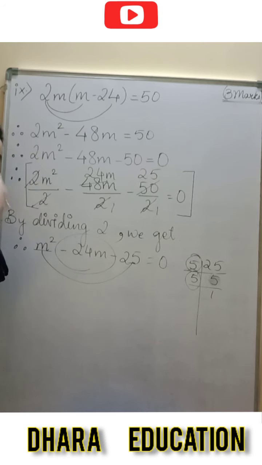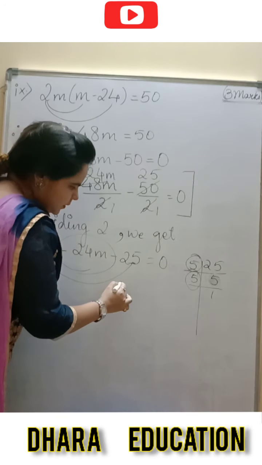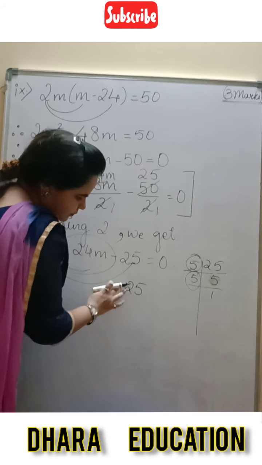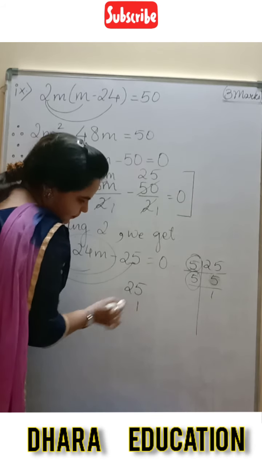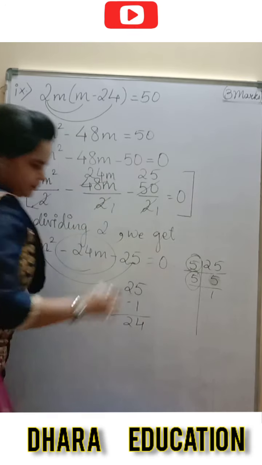Correct? So to fulfill that, what we need to do is this. We just need to take 25 and 1 to fulfill the middle term, which gives you 24.